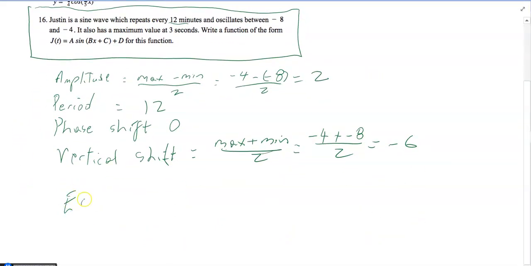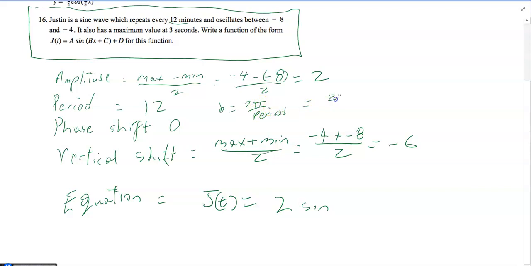So the equation will be g of t is equal to a, which is 2, sine. We should have found b. All right, let's go back. We find b from the period. Because the period was 2 pi over b, b would be 2 pi over the period. It's going to be 2 pi over 12, equal to pi over 6.